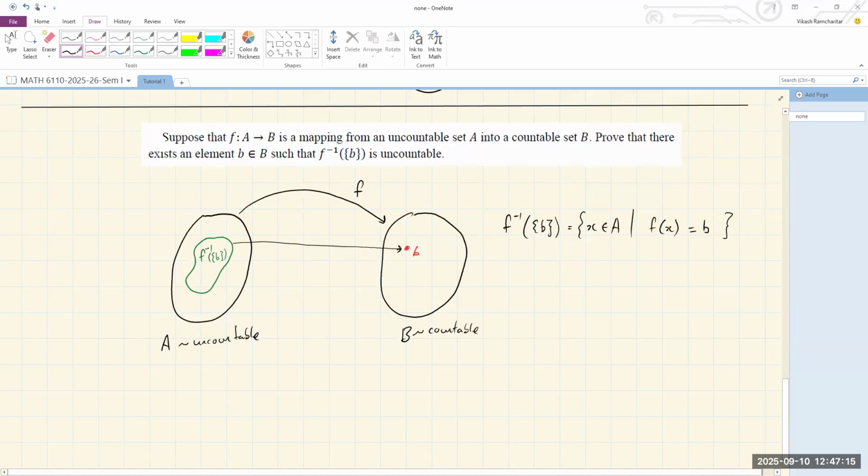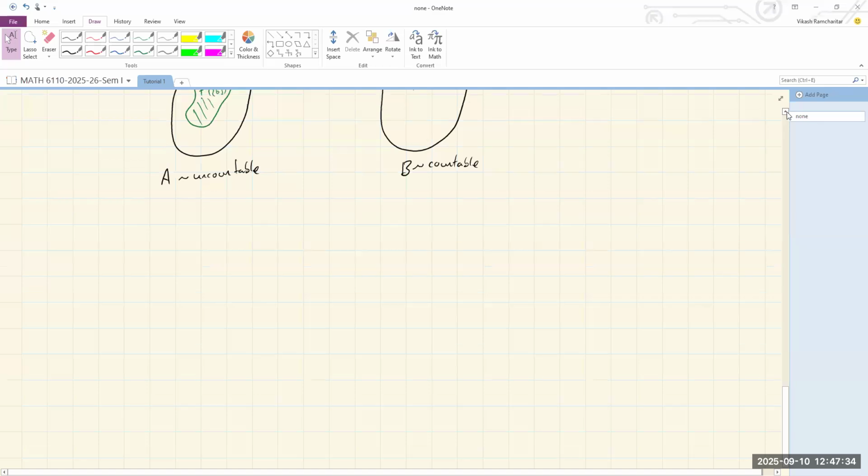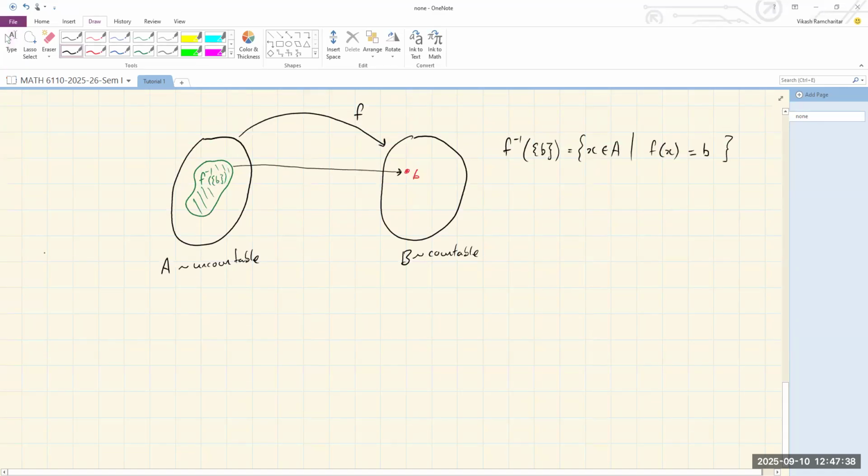What I want to show is that this green set is uncountable. And we're given a hint to try a proof by contradiction. So let's see. Proof, by contradiction.